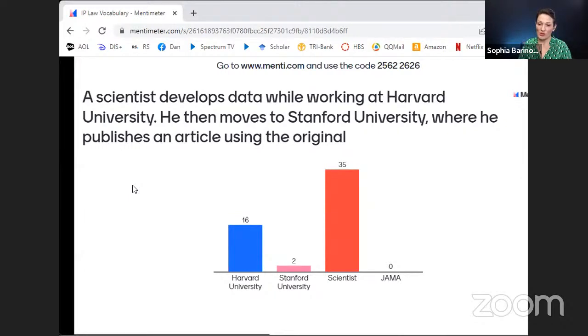Okay, and we have got some comments also in our chat. I would like to read them out. Andrei writes that it depends on the contract between JAMA and the scientist, and in some situations in our country, a scientist probably owns.